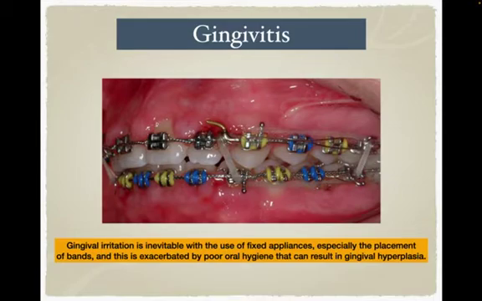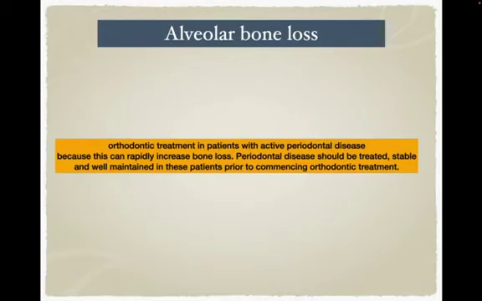There are some claims that pushing the bands to the subgingival margin or gingival margin will cause a little bit of gingival enlargement. Sometimes there are claims as well that when you do space closure, the gingiva will be enlarged as well. However, the key point on gingivitis is oral hygiene.